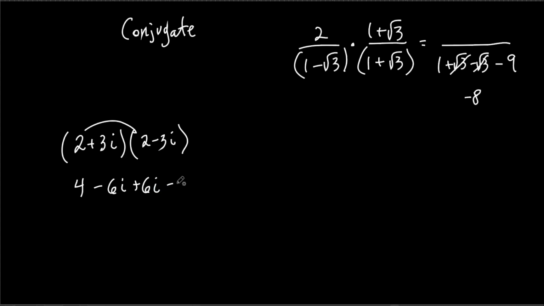What's this going to be? Minus 9i squared. But Mr. Hamrick, I thought you said that was going to get rid of the i. It did, didn't it? Because look, that canceled. What is i squared? It's a negative 1. So this is going to be 4. What's negative 9 times negative 1? Positive 9, and that gives you 13.